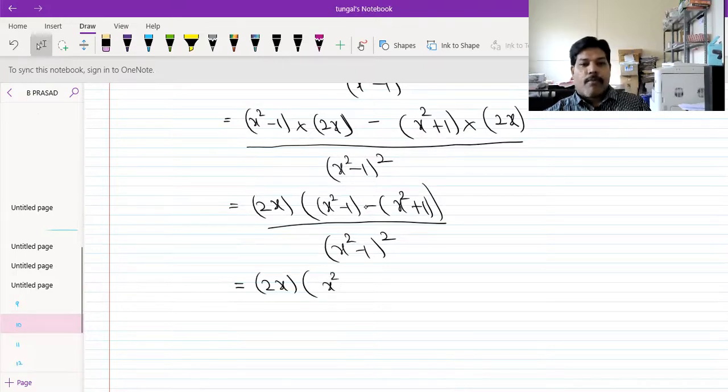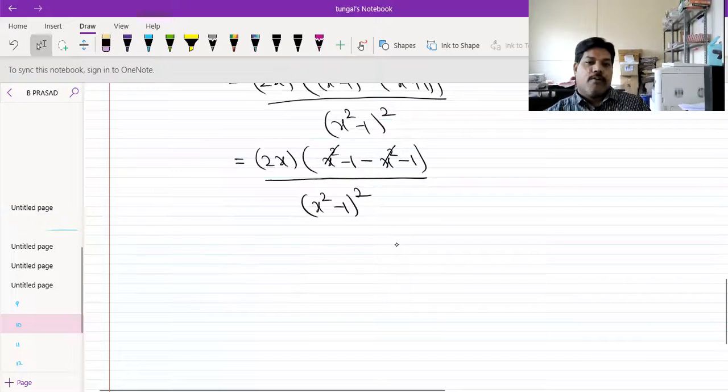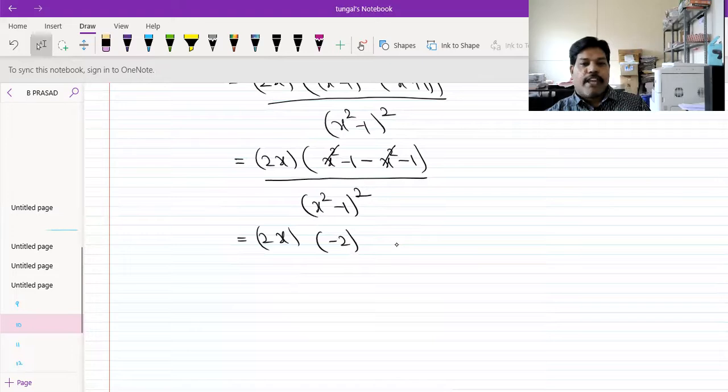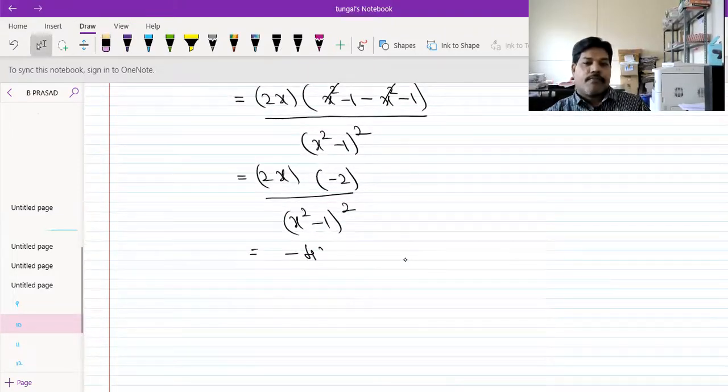Here minus x square and x square will be cancelled. What will we get, students? It will become 2x into minus 1 minus 1, that is minus 2, by x square minus 1 whole square. So this value becomes minus 4x by x square minus 1 whole square.